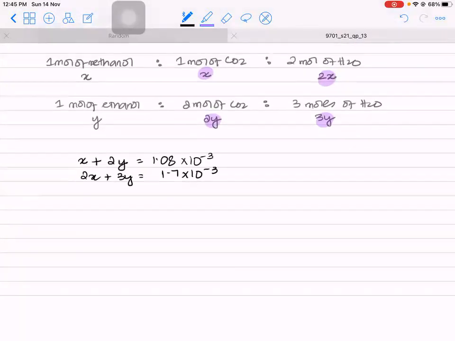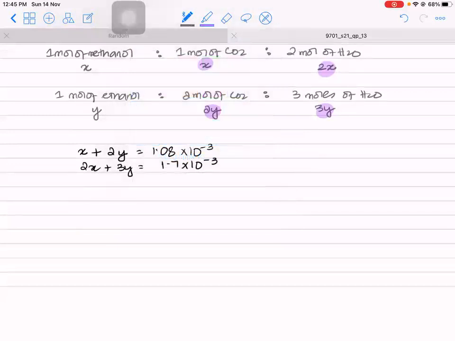Now, can we just take these two equations and, in place of x, write 1.08 × 10^-3 minus 2y? Let's take the second equation: 2 times (1.08 × 10^-3 minus 2y) plus 3y equals 1.7 × 10^-3.